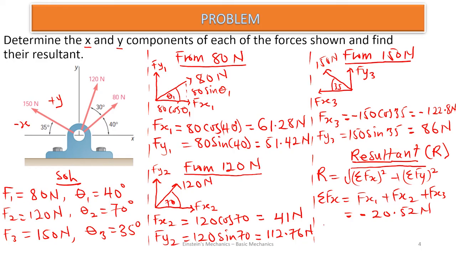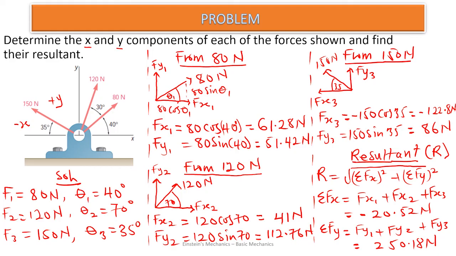The same thing for summation of force on the y, which is going to be fy1 plus fy2 plus fy3, and this summation is going to give us an answer of 250.18 Newton. You also sum 51.42112 and the 86 to give us 250.18. Are we okay?